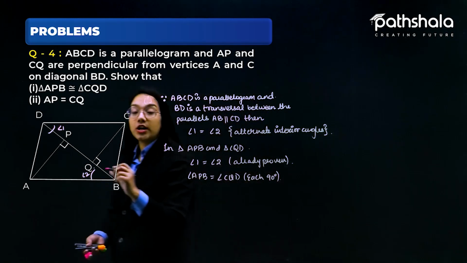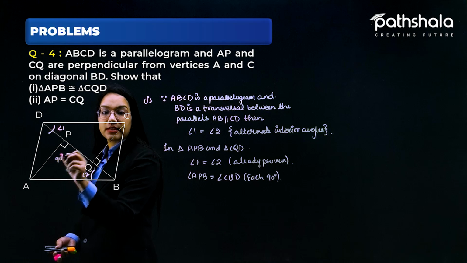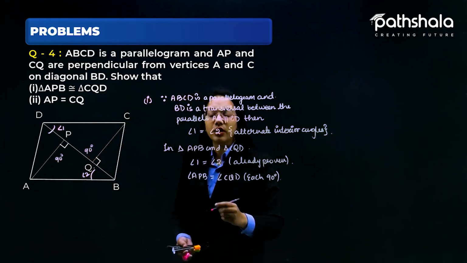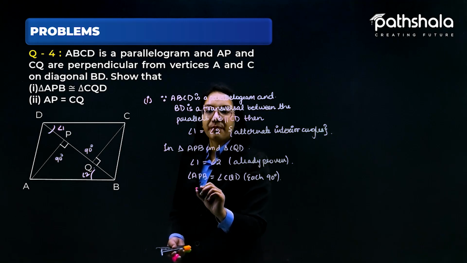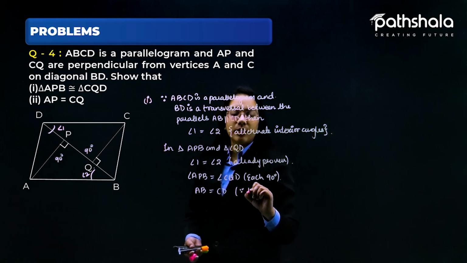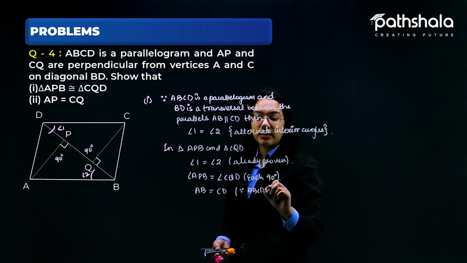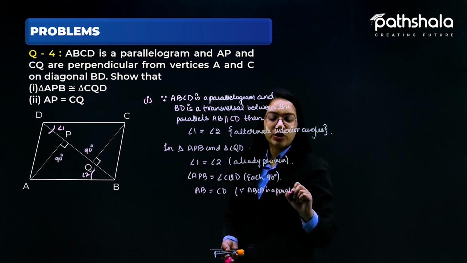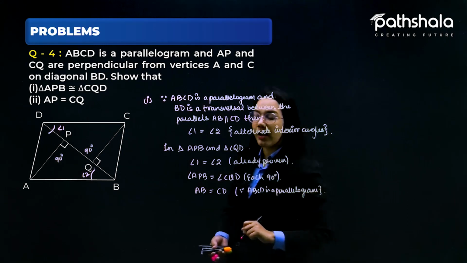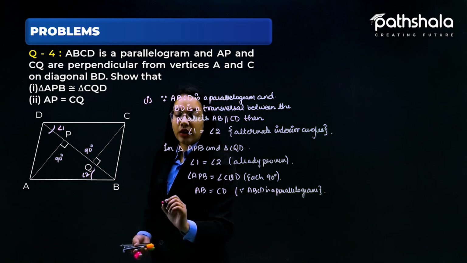You can see this is a 90 degree angle and this is a 90 degree angle, so each is 90 degrees, that's why they are equal. Furthermore, AB is equal to CD, since ABCD is a parallelogram, so its opposite sides are equal to each other.